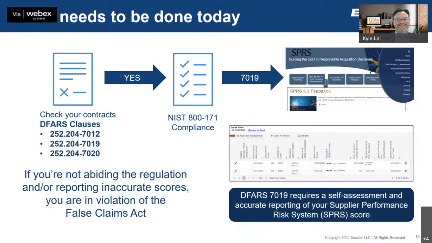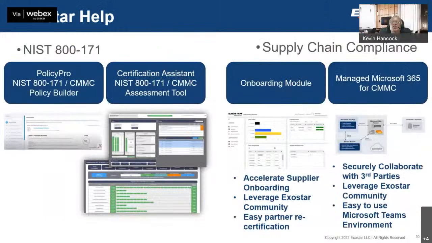Okay, great. On the Exostar side, if you've just started your journey around this, Exostar has some applications as well as some assistance in this area.